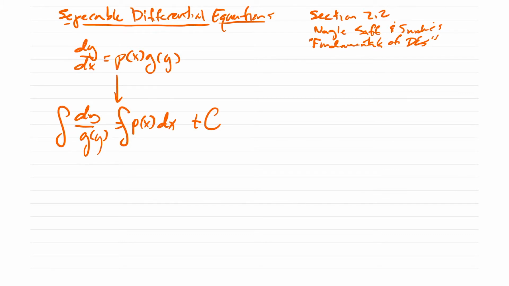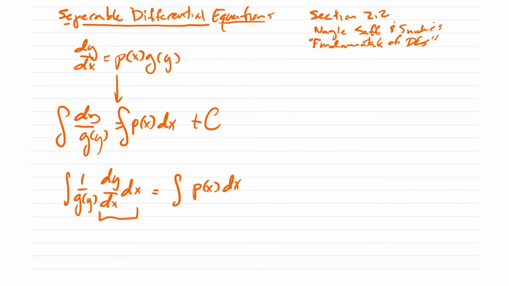And so more formally, what we get is we write this as, say, 1 over g of y times dy dx is equal to p of x, and then we take the integral of this with respect to x. And then here, this cancels, and it gives us basically that.